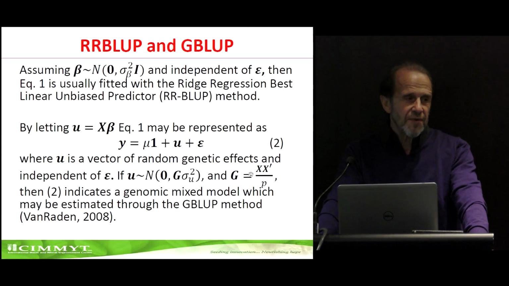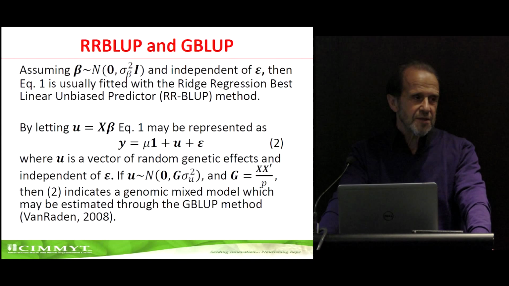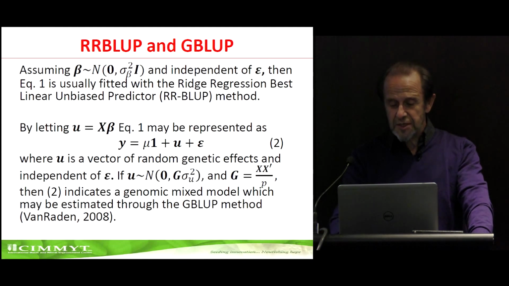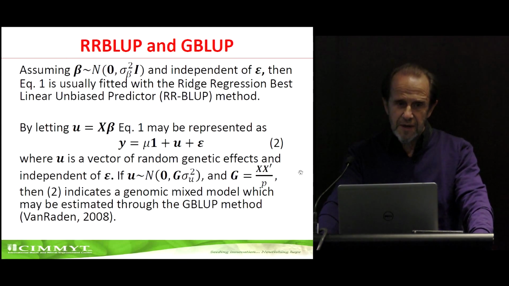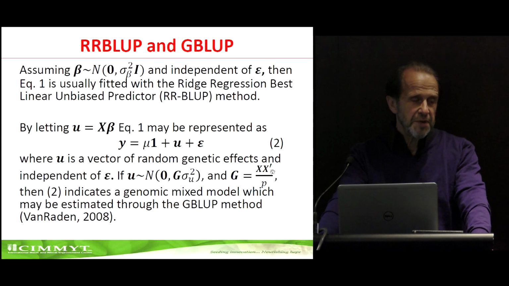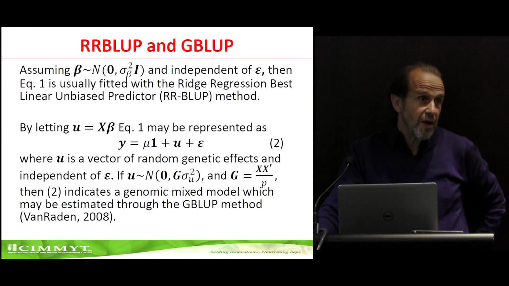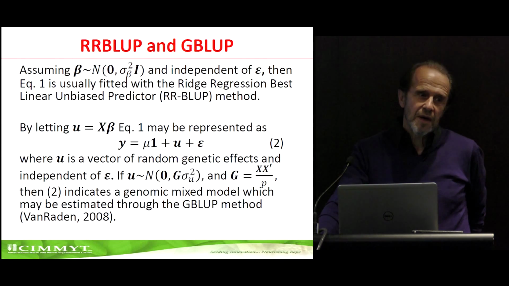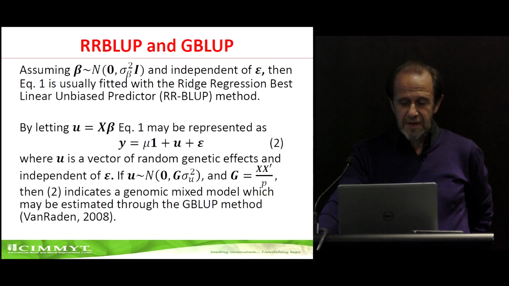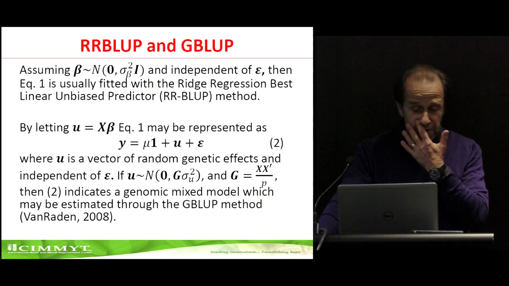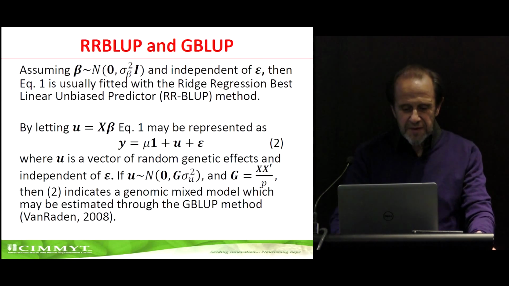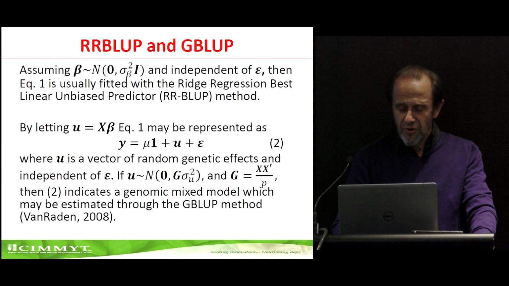Then you say, what's the difference between X prime X and X X prime? X X prime is n times n. X prime X is p times p. So if you have 1 million by 1 million, I wish you luck if you want to invert that matrix. N by n is okay, though still a huge one. And this has been proved by VanRaden.